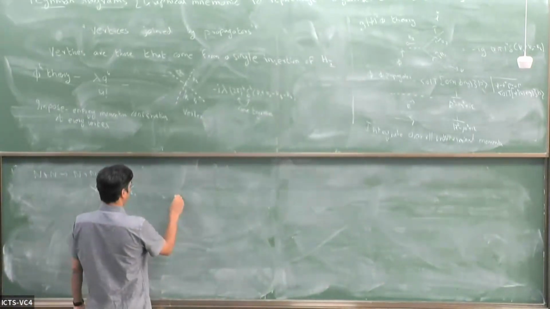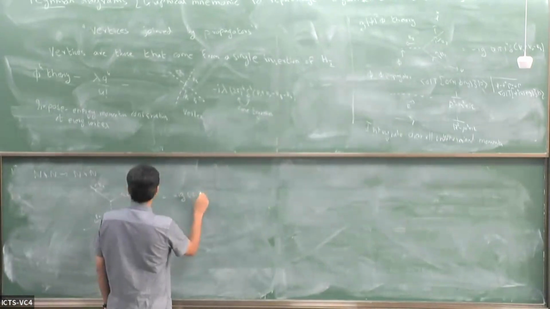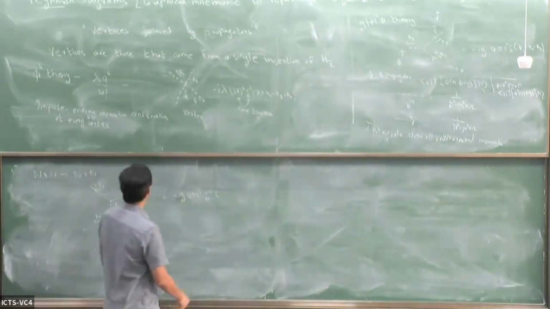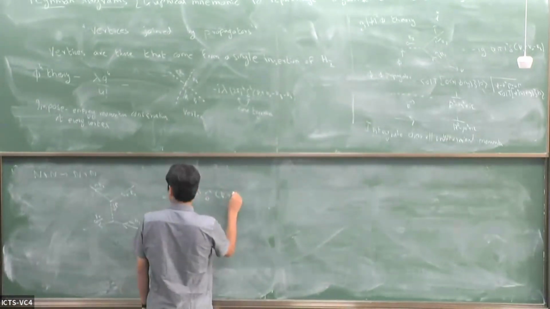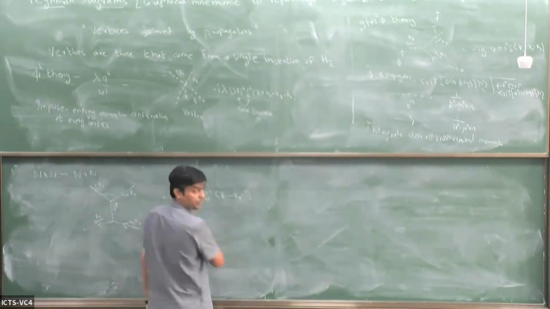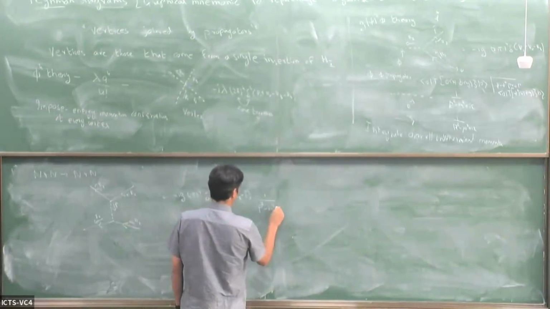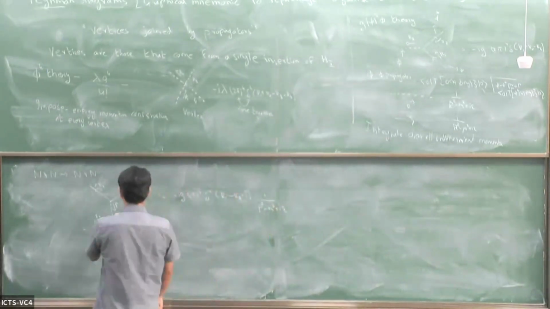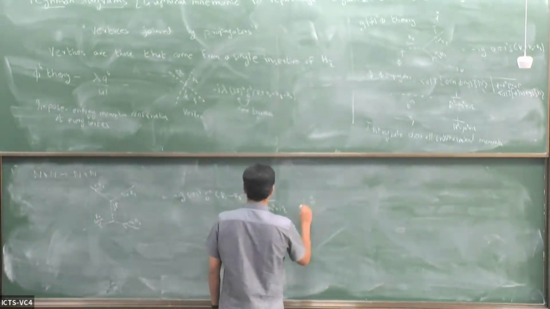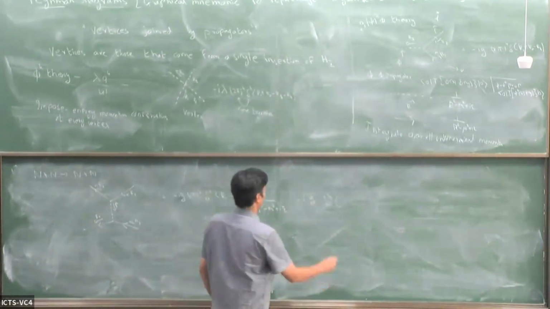So we have minus ig from here, we get a 2 pi to the 4 delta 4, let's call this momentum P, delta 4 of K1 minus K3 minus P, into i over P squared minus m squared plus i epsilon, into minus ig into 2 pi to the 4 delta 4 of K2 plus P minus K4.